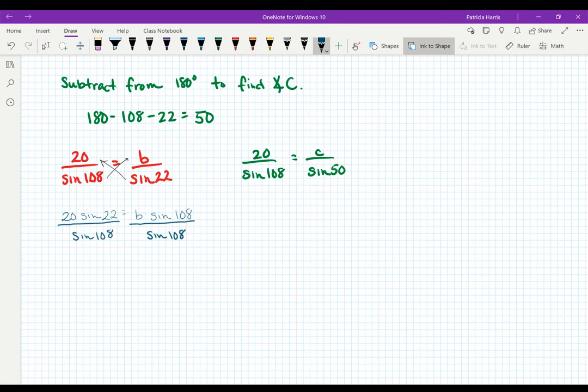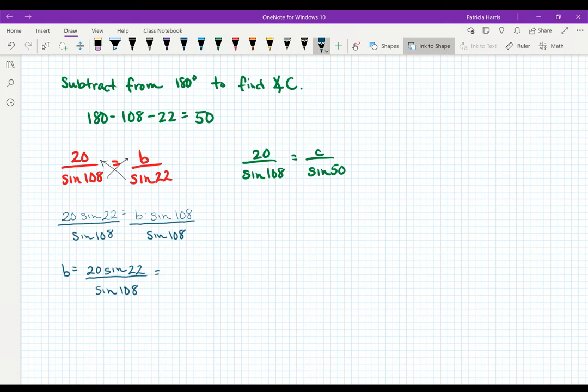Okay, so B equals 20 times sine of 22 divided by sine of 108.